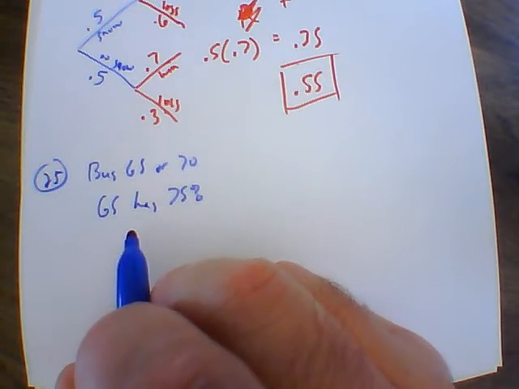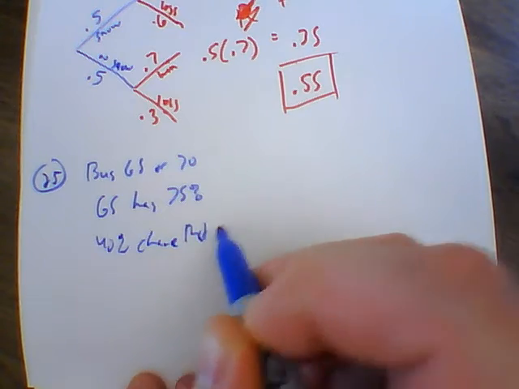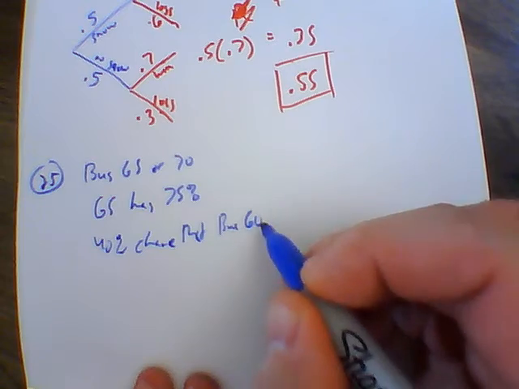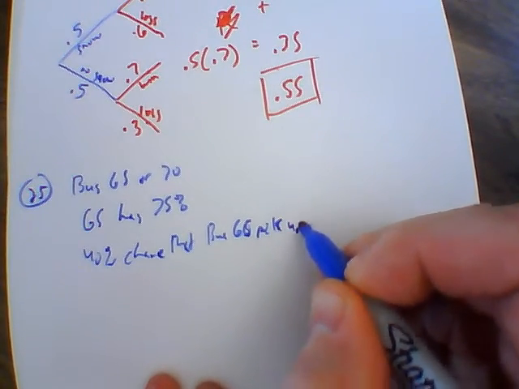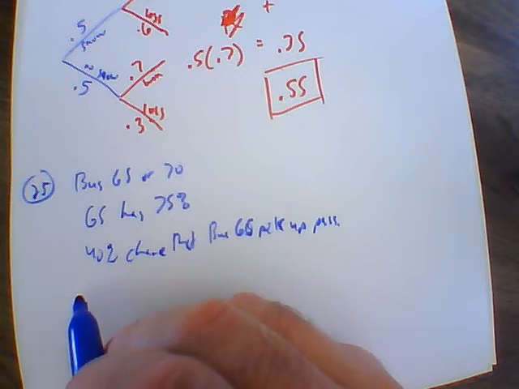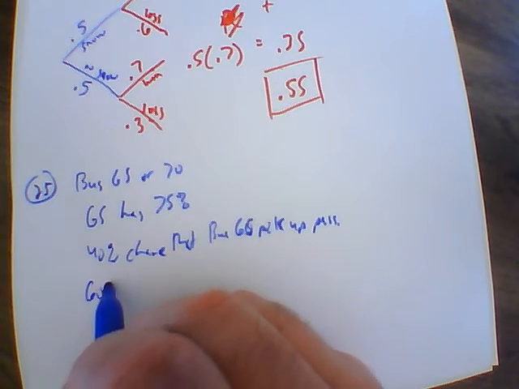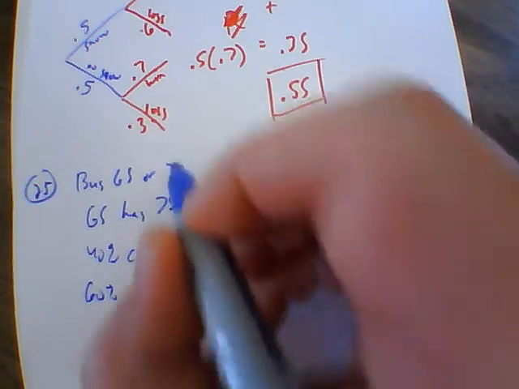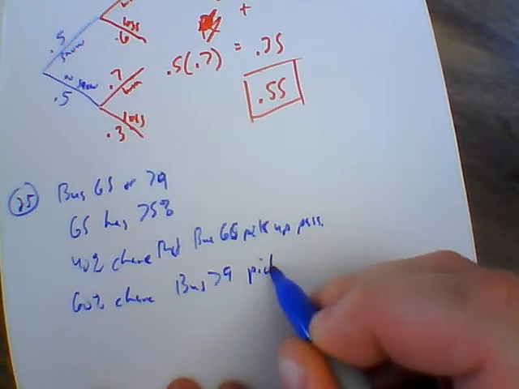There is a 40% chance that bus 65 picks up passengers. Okay, now there is a 60% chance that bus 79, so 60% chance, bus 79, not 70, this was 79, sorry, picks up passengers.